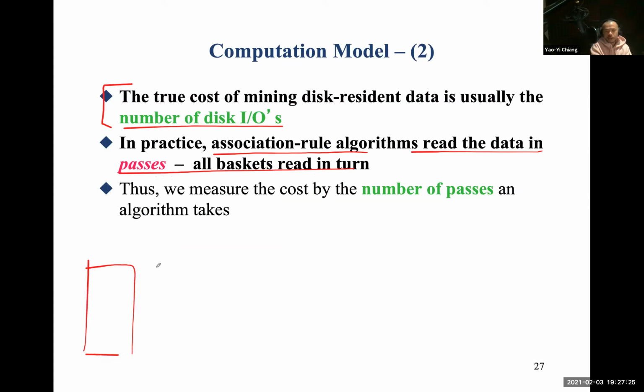For one pass, you read the entire file and you count something, then you read it again, okay? And when we say read in a pass, it's a very expensive disk IO. So we're going to evaluate our algorithms by the number of passes that an algorithm needs to be able to count everything to find all frequent item sets given a support threshold.